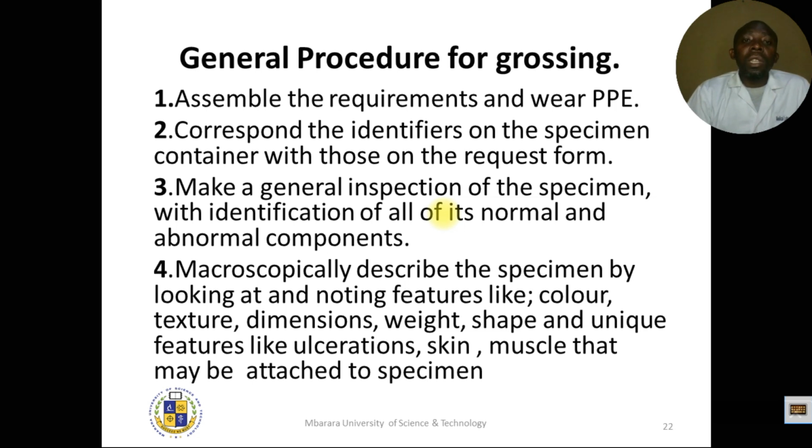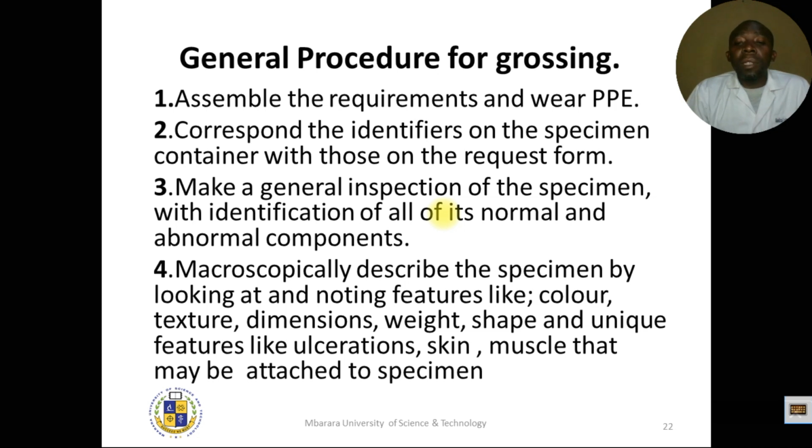Number 3, you need to make a general inspection of the specimen with identification of all its normal and abnormal components. That is very important. Number 4, macroscopically, you need to describe the specimen by looking and noting features like color, texture, dimensions, weight, shape, unique features like ulcerations, just in case you see them.